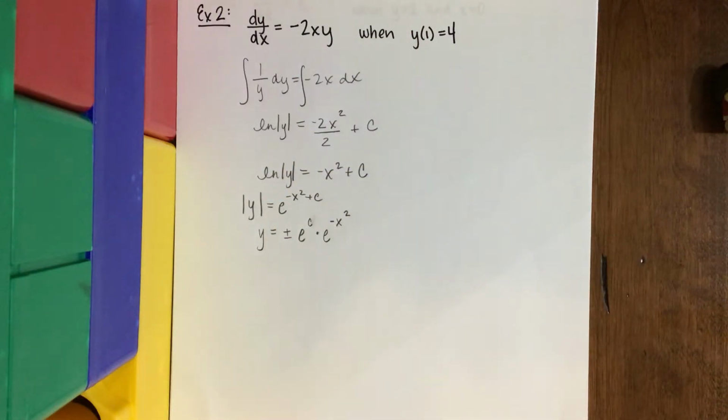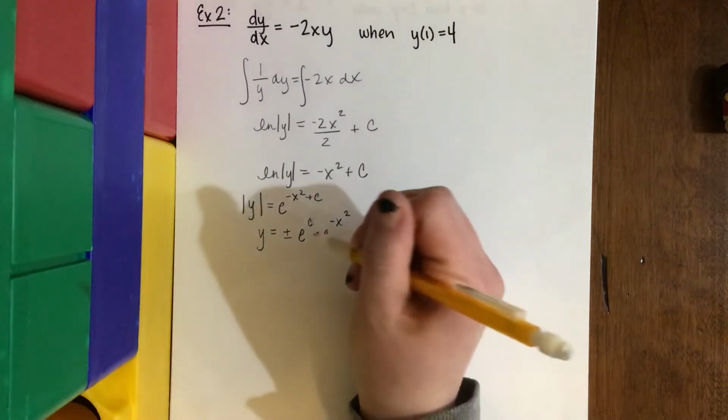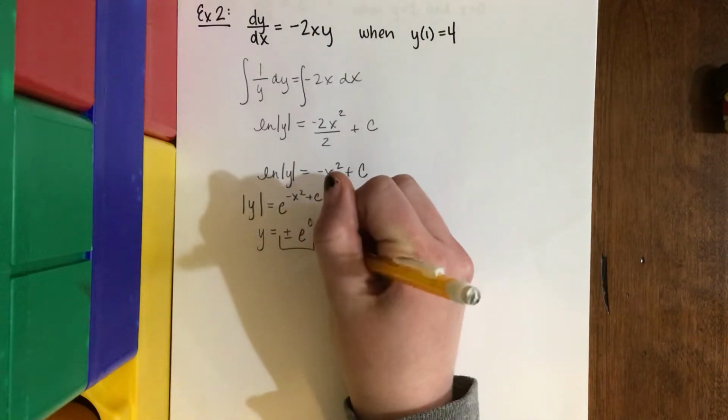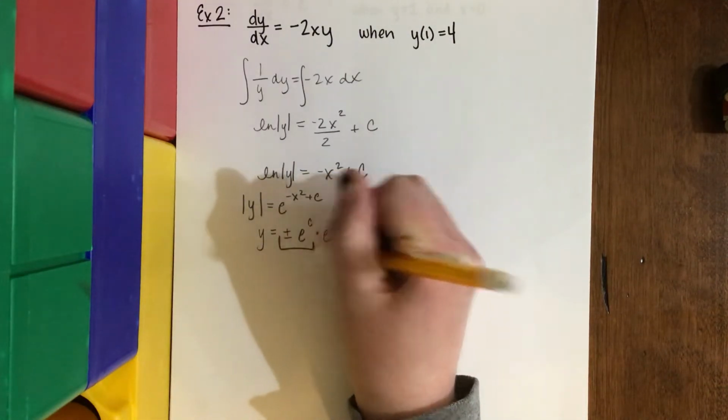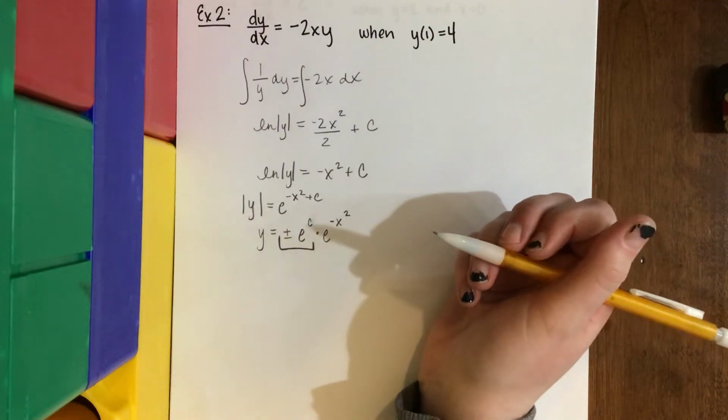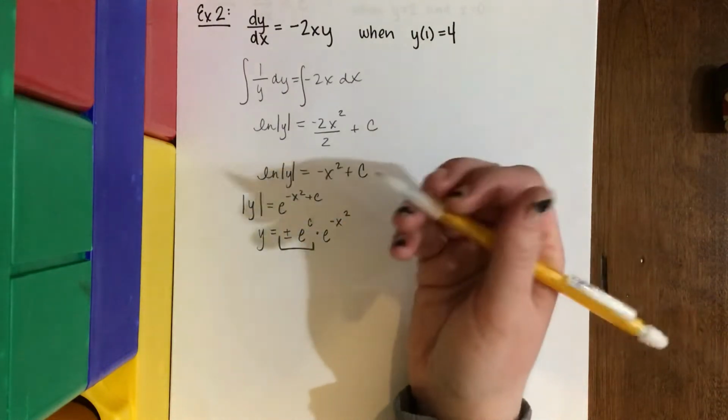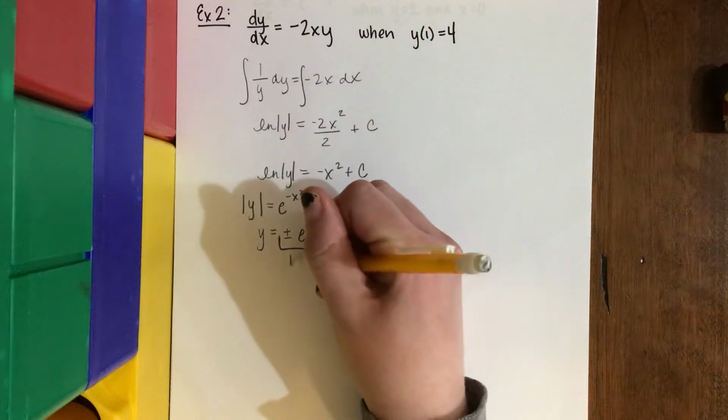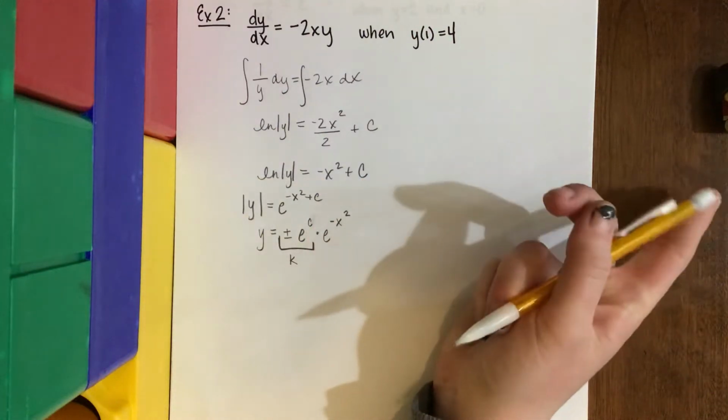Now, here is where this is going to differ a little for you all. When I'm at this point, I'm looking at this plus or minus e to the c. Well, I know plus or minus e to the c, that's representing some constant. And so in this case, I'm going to call this constant k.